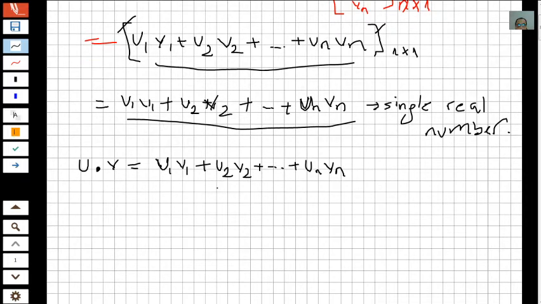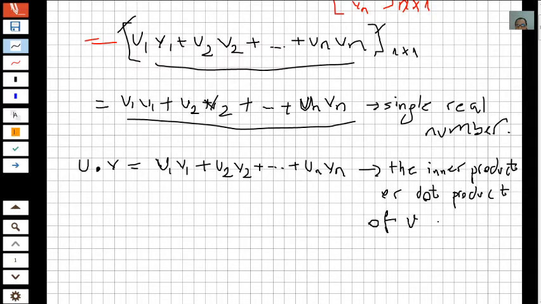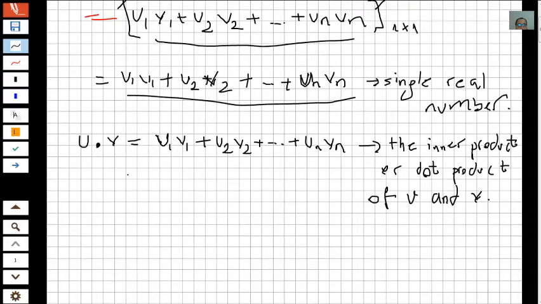And we have another notation for the inner product. So this is called the inner product or dot product of u and v.